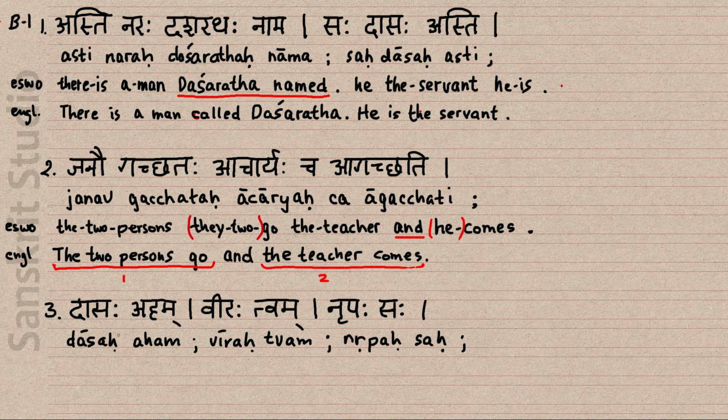And that refers to the idea that there is no verb in them, explicit. So we are talking about sentences which do not have either asti or bhavati or any other verb. So the verb is tacit. It's understood to be there somewhere, but it's not actually appearing.